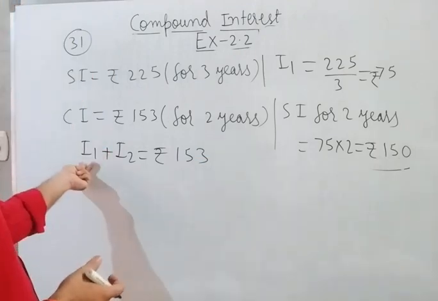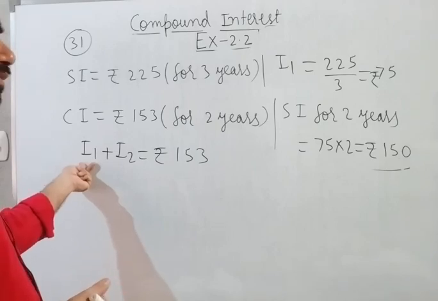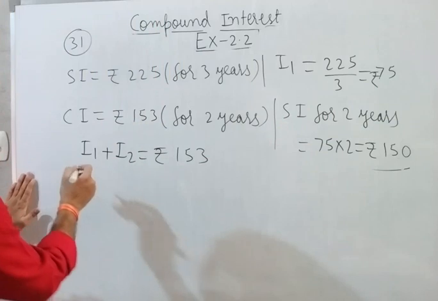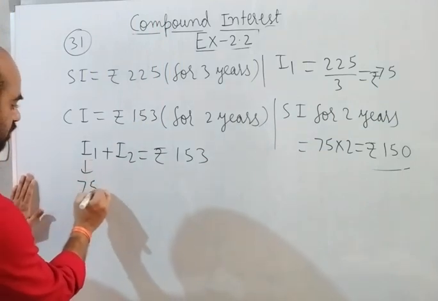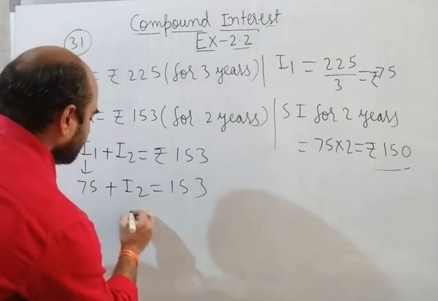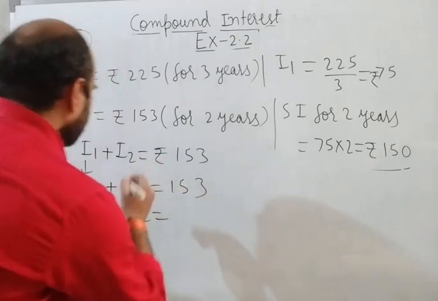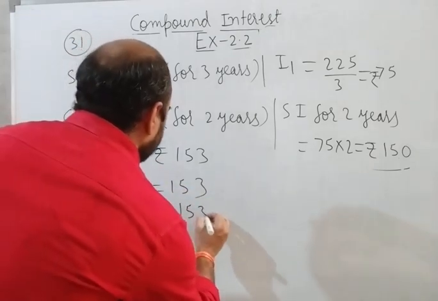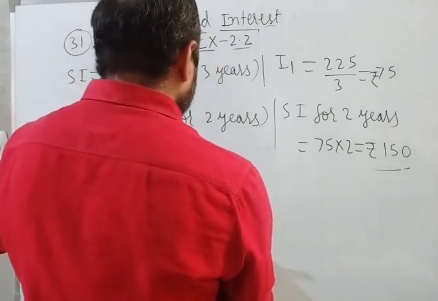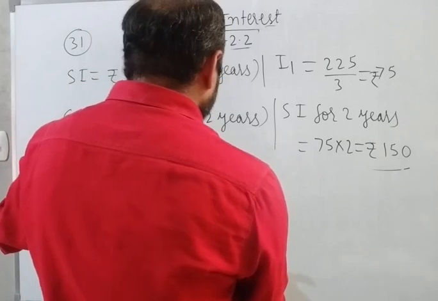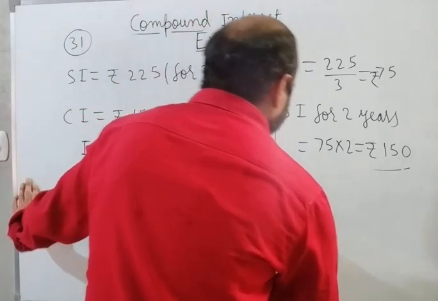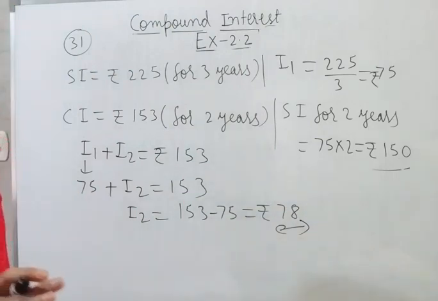For the first year, compound interest and simple interest will both be the same. So we can calculate interest for the second year. That will come 153 minus 75, that is rupees 78. Clear? This is understood.